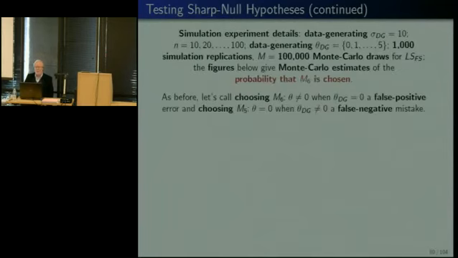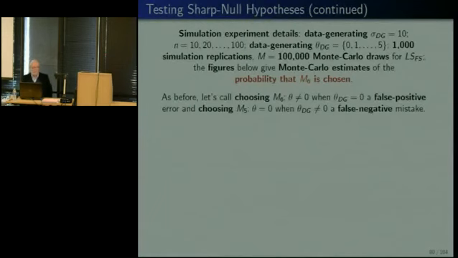All right, here are my simulation experiment details. I stick with sigma DG equals 10. I again run n from 10 to 100, and the data generating thetas now go from 0 to 5 by units of 1. I have 1,000 replications and 100,000 Monte Carlo draws for the full sample log score. All the figures below give Monte Carlo estimates of the probability that M6 is chosen.